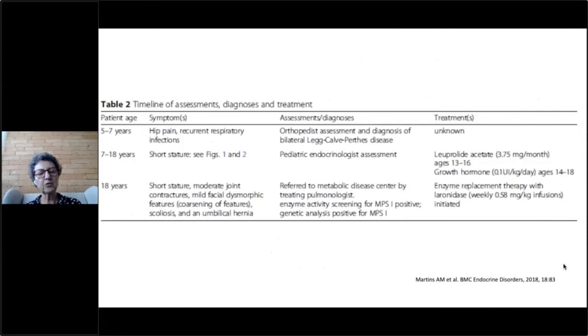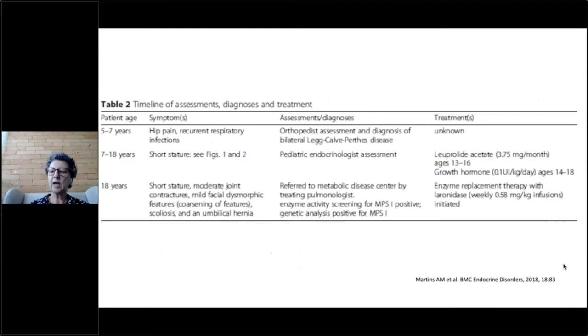At 18 years old: short stature, moderate joint contractures, mild facial dysmorphic features, coarsening of features, scoliosis, and an umbilical hernia. Referred to a metabolic disease center by the treating pulmonologist, enzyme activity screening for MPS I positive, and genetic analysis confirming the diagnosis of MPS I.